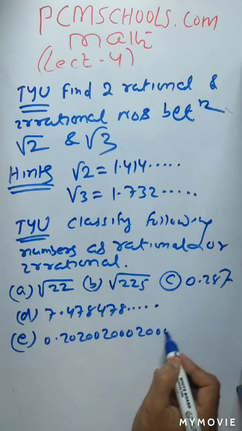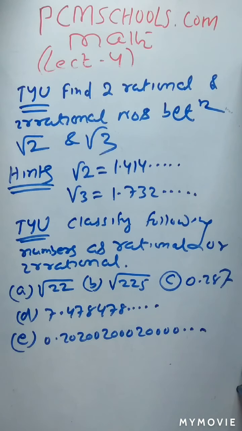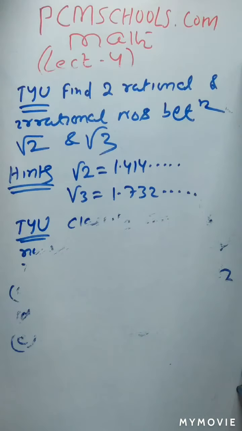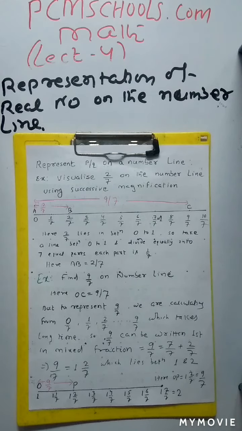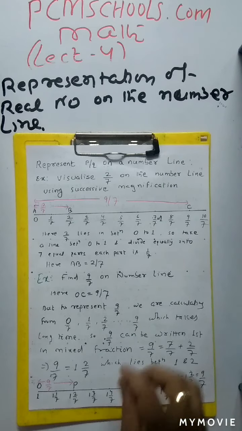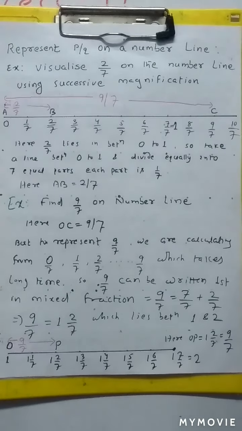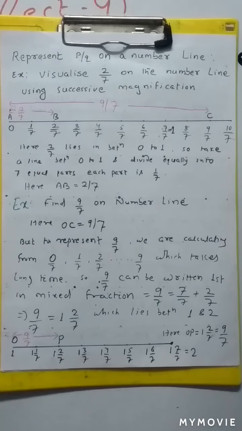First, square root of 22; second, square root of 225; third, 0.287; fourth, 7.478478; last, 0.2020002040, like this. So you have to state which number is rational and which number is irrational. So that is your homework.